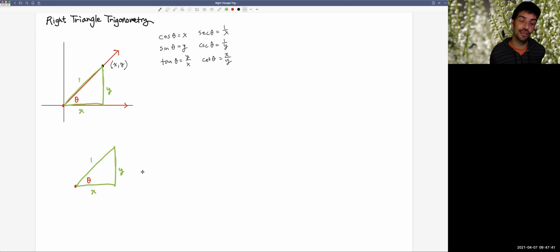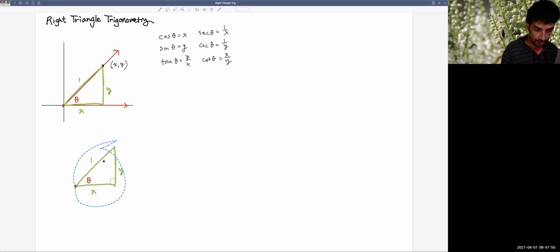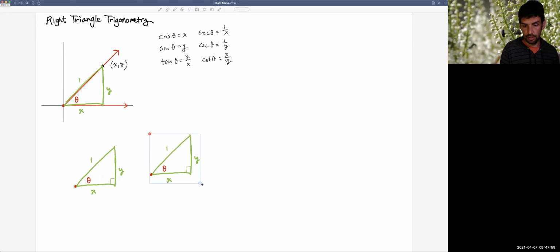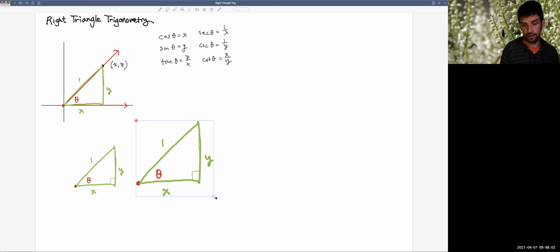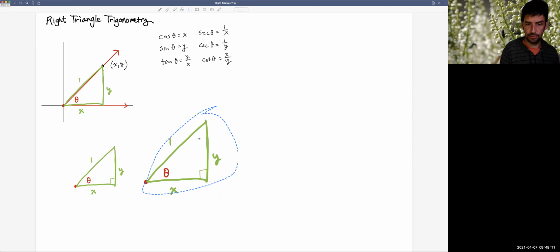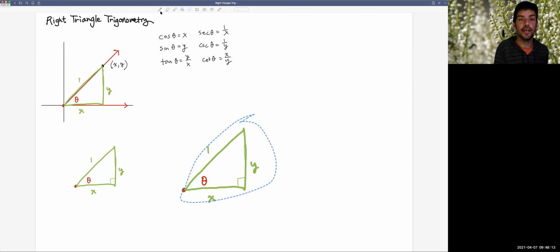Let's say I have a triangle like a right triangle, except it wouldn't fit in the unit circle. Let's say it's a scaled version of this. So I'll copy this again. But this time we'll scale it. All right. So if I've scaled it, sorry, I'm having trouble using this thing today.